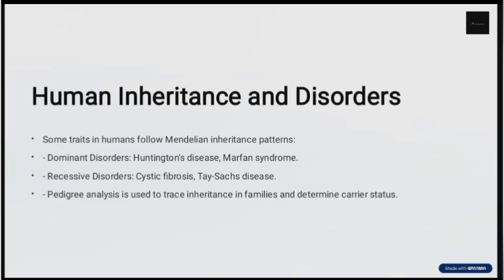Dominant disorders. So first of all, I've explained what a disorder is, something that deviates from the normal status quo. Now, dominant. From our knowledge of alleles, there are two types of alleles, the ones that are dominant and the ones that are recessive. Now, dominant alleles are alleles that can manifest irrespective of homozygous or heterozygous states.